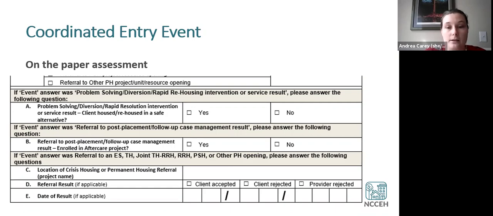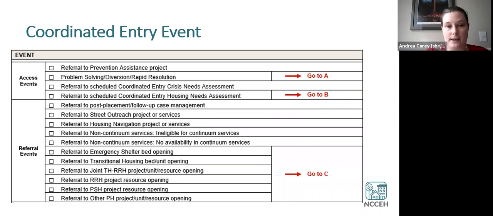And then, as applicable, you'll enter the referral result and the date of the result. Now, if you're sending the referral, you might not have the information about the referral result and the date, right? You're waiting for that. So those two sections there may be blank when you're first conducting this event. Okay. Hopefully these arrows and lettering are fairly clear in terms of leading us towards those follow-up questions.